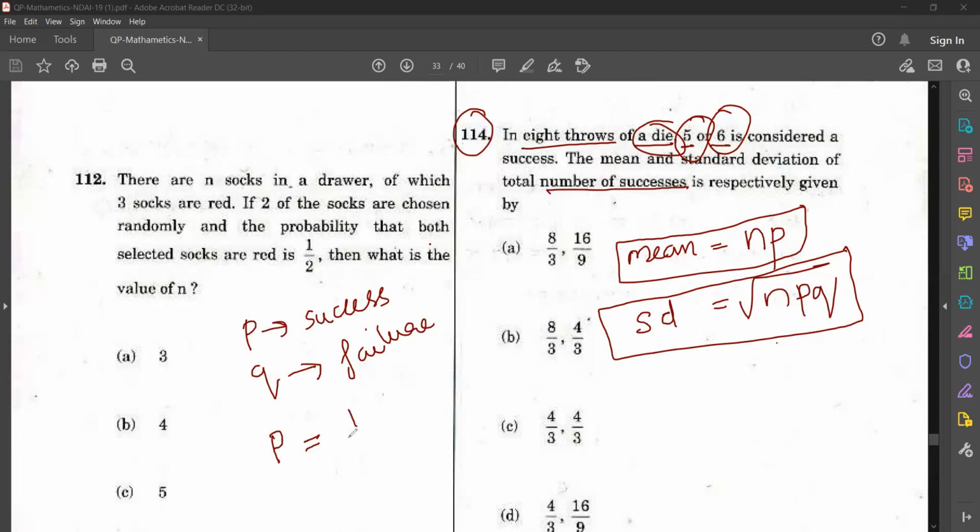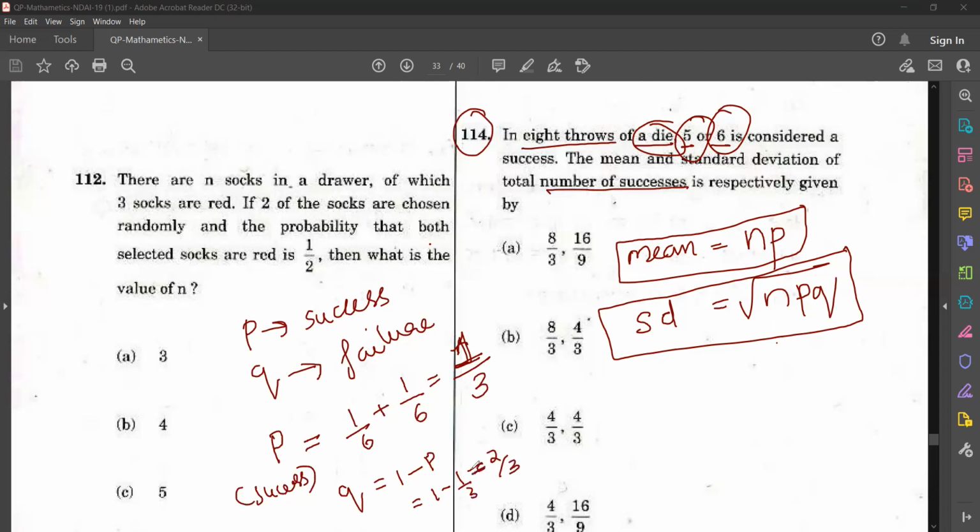So what is the probability P? In a die, we have one 5 and one 6, isn't it? The probability of 5 is 1 by 6, and 6 is also 1 by 6. So you will get 2 by 6, that is 1 by 3. So P, the probability of success, you got as 1 by 3. Then what about Q? That is failure, that is 1 minus P, isn't it? So that is 1 minus 1 by 3, that is 2 by 3.